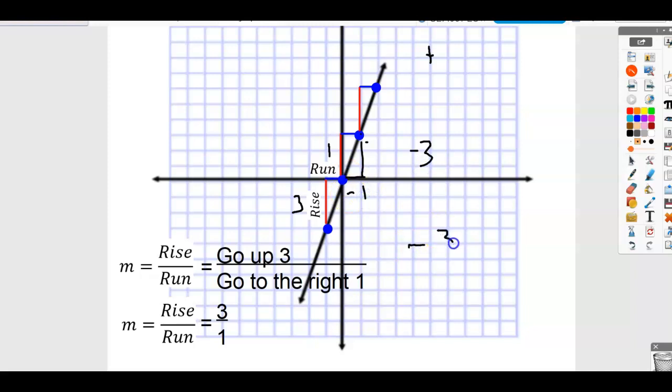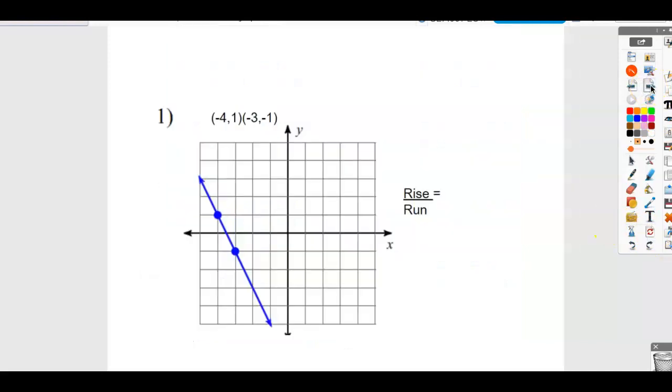And negative 3 divided by negative 1 is exactly the same thing. It's going to be 3. So here I would say I go up 2 and I go left 1. So my answer would be negative 2.